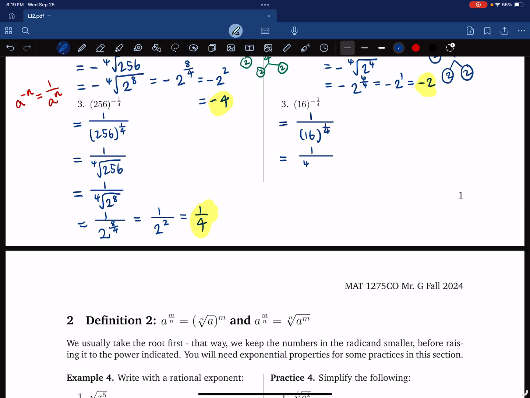So this is 4th root of 16, which is the same as 4th root of 2 to the 4th. And that simplifies to 1 over 2 to the 4 divided by 4. So remember, you're using the exponent inside divided by the index outside. And that's equivalent to 1 over 2 to the 1st, which is the same as 1 over 2.